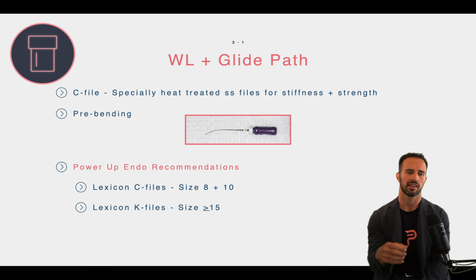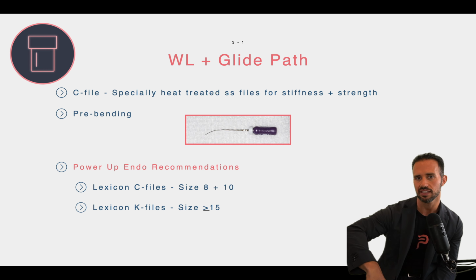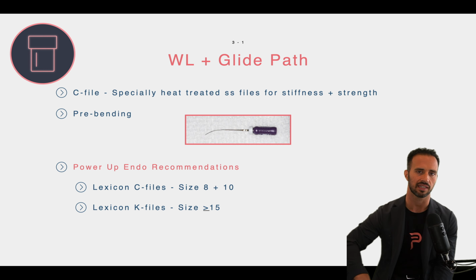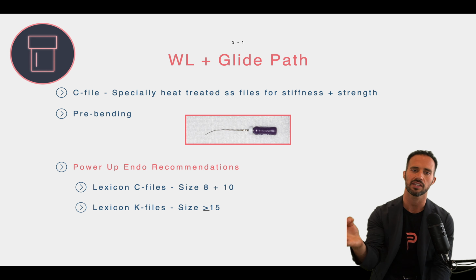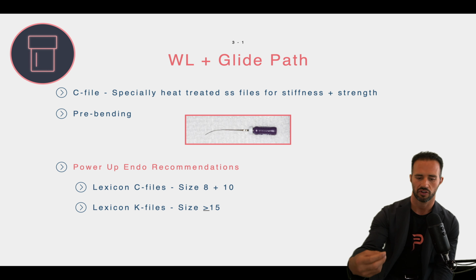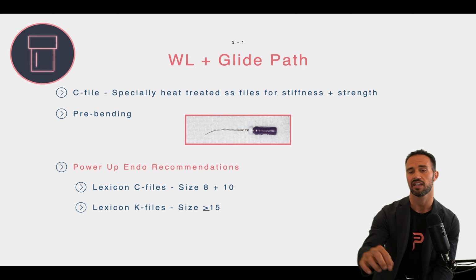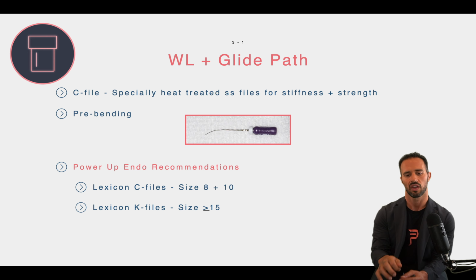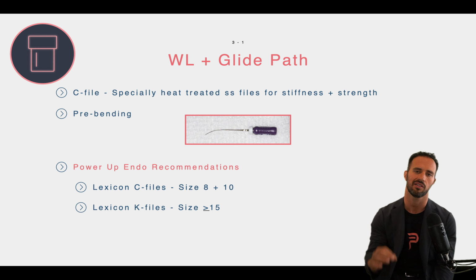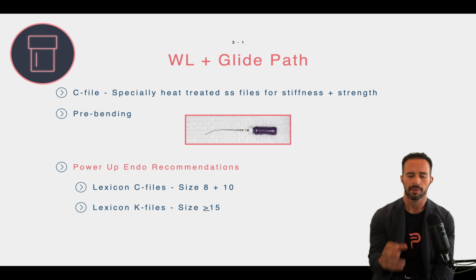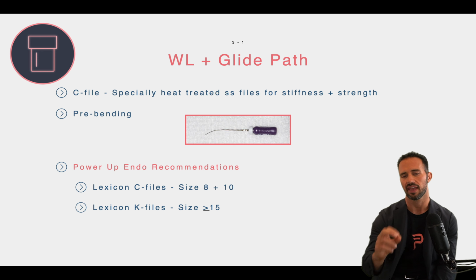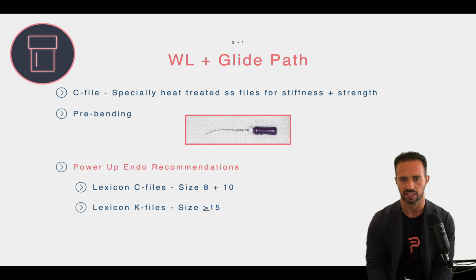That's going to allow you to introduce the files into the canals much more easily than having something that's straight, and it's going to allow you to see better as you do that, so you can ensure that you're putting the hand files into the canal that you think you're putting it into. So a subtle little bend is always a good idea for any hand file that you put into the patient's mouth. Like I mentioned, C files sizes 8 and 10, and K files in sizes 15 and above.